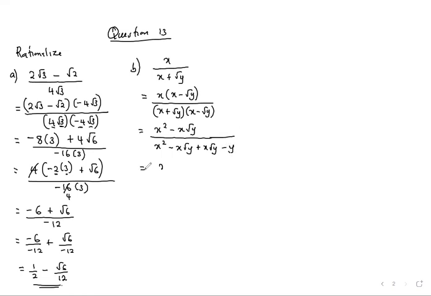Then you get x squared minus x root y over this plus this one, you get 0. So we have x squared minus y. To separate these, you say x squared over the whole x squared minus y minus x root y over the whole x squared minus y.